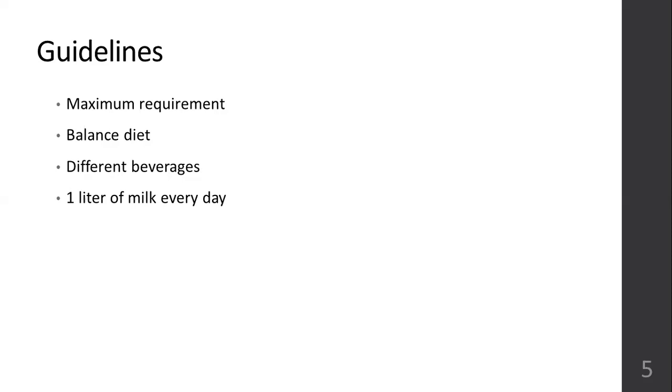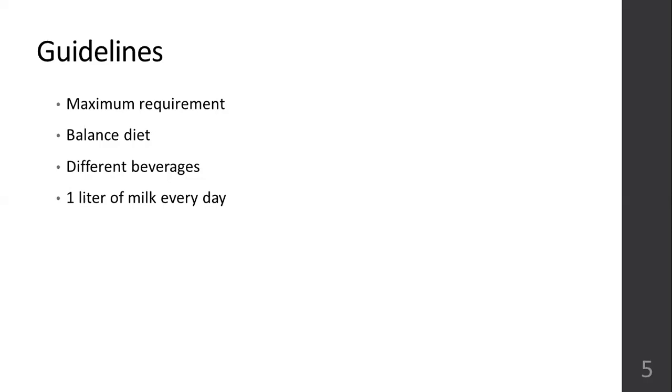Then I can have more juices, buttermilk, smoothie, soup, tea, coffee, whatever I'm having. She will think like that. Okay, but what's happening is her fluid requirement is getting met. Okay, so encourage her to take different beverages so that the 2.5 to 3 liters of fluid requirement is met.